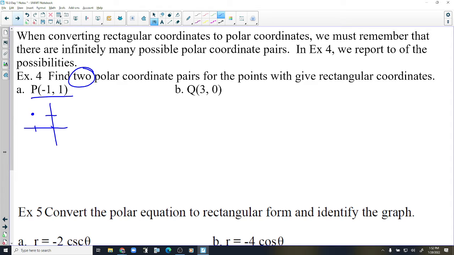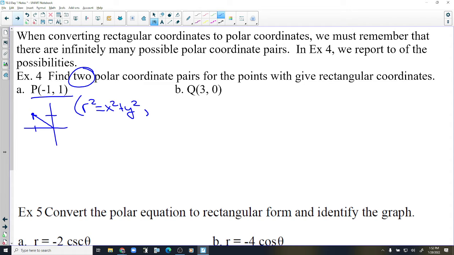Well, I don't really need the tools for it, but what if I didn't know that this was at 3 pi over 4? I had to think about it a little bit. We get r by doing r squared is equal to x squared plus y squared.